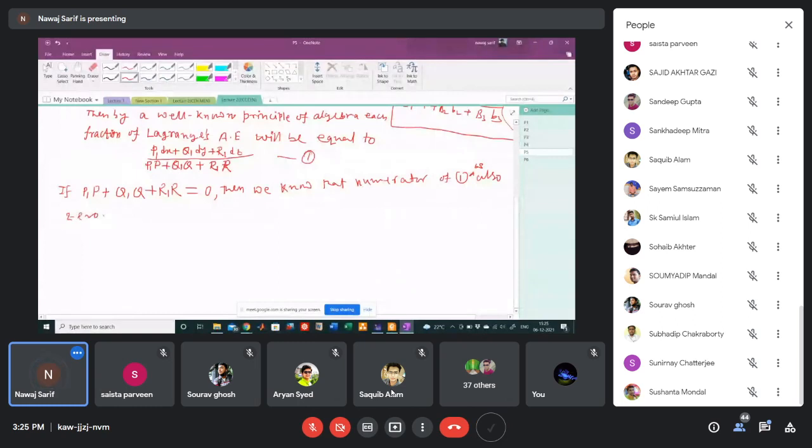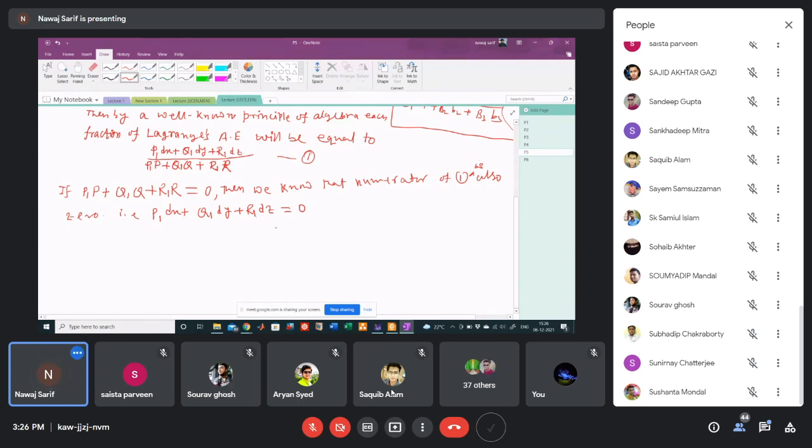That is, p1 dx plus q1 dy plus r1 dz equals to 0. So from this we can find a solution.